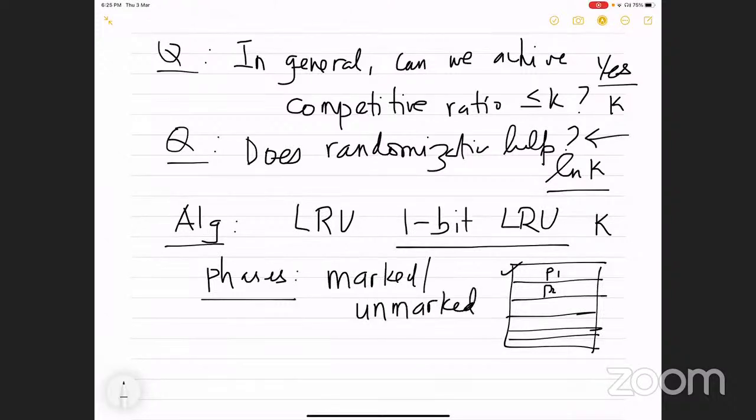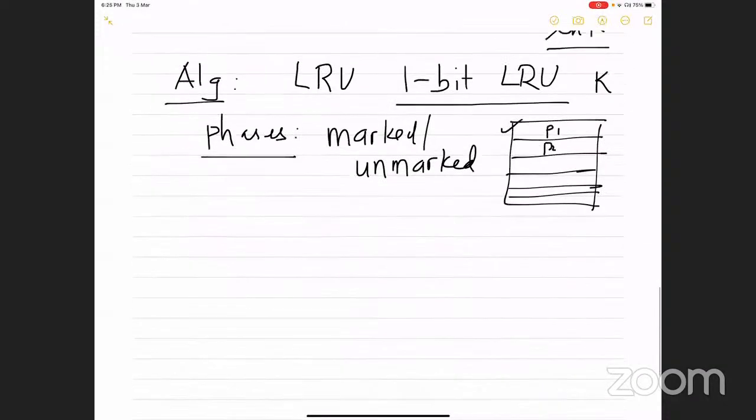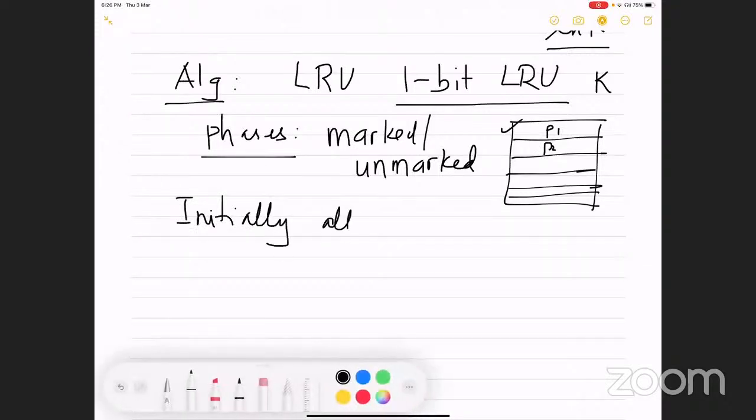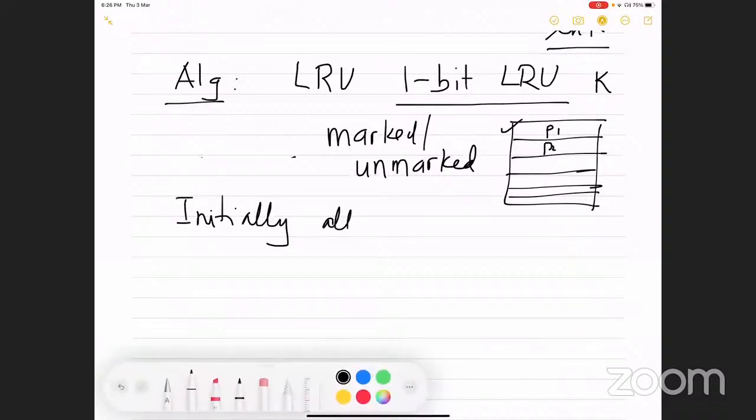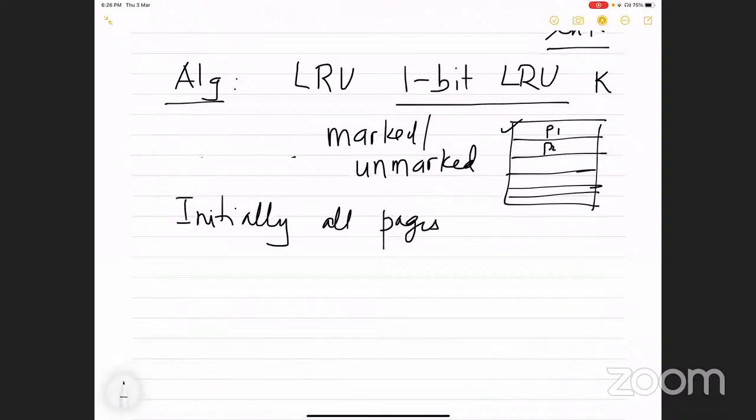At the beginning, let's say there's some initial state of the cache. I don't care what pages I have in the cache, but initially all pages are unmarked. Actually, let me not use the word phases right now, and I'll come back to phases later. So initially all pages are unmarked.